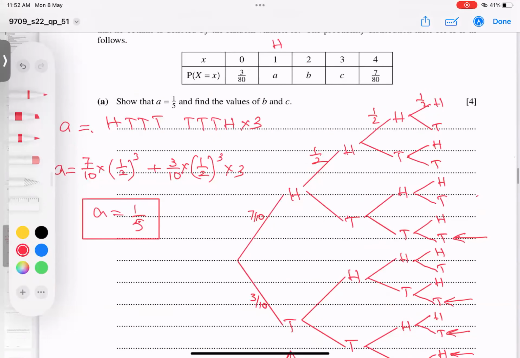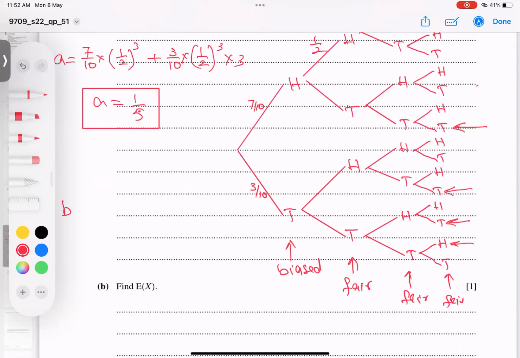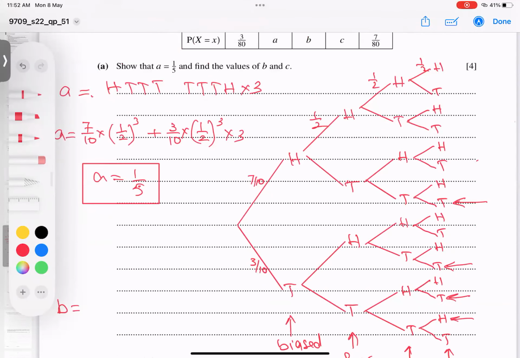And part B, 2 heads. So let's think about B. 2 heads means which branch has 2 heads? Let me erase all these arrows. Now 2 heads. First of all, this branch has 2 heads and 2 tails, and then 2 heads and 2 tails is coming in this branch.